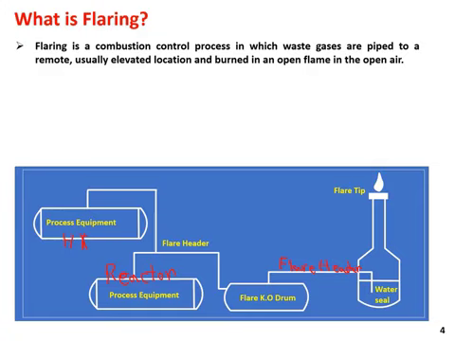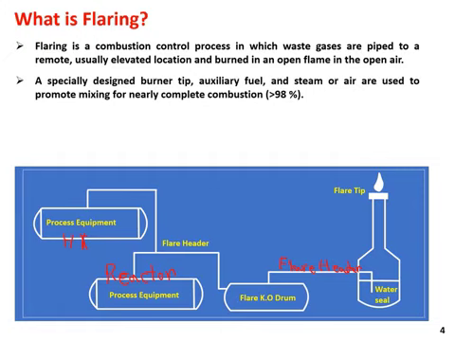It is a combustion control process that we use to burn the waste gas remotely, and it is usually elevated. Especially the tip of the flare is located at a higher level than the ground, so that it burns the flame open in the air.